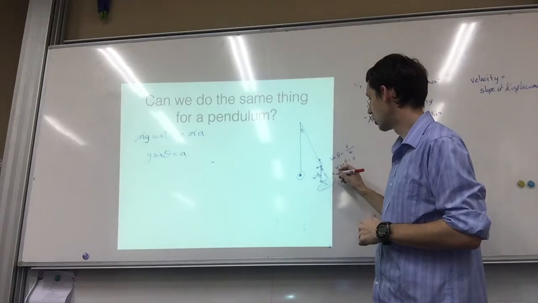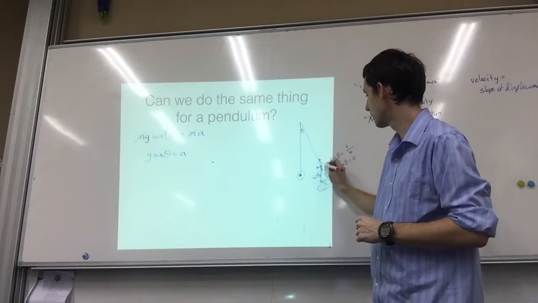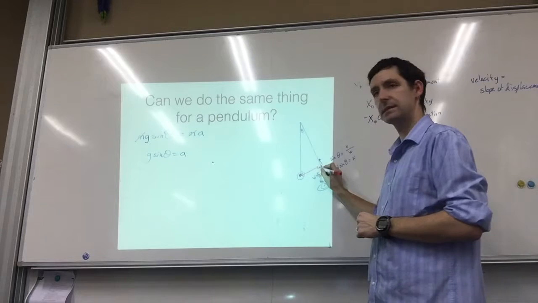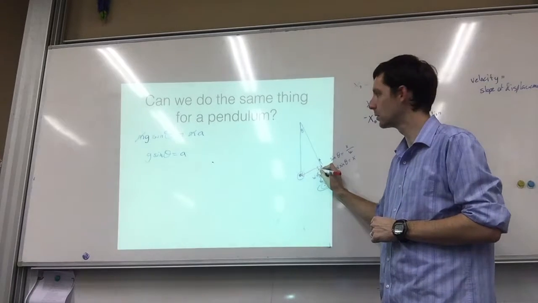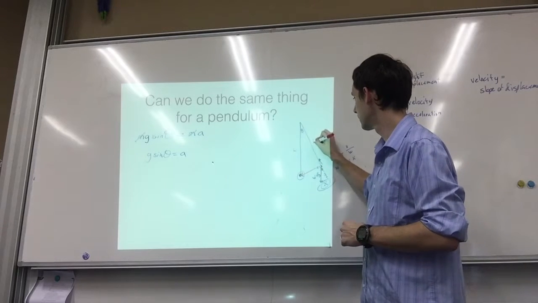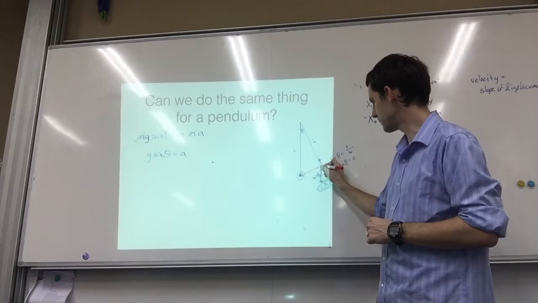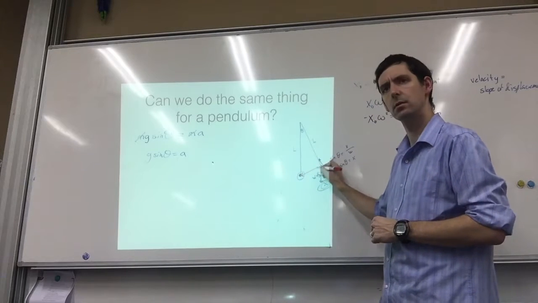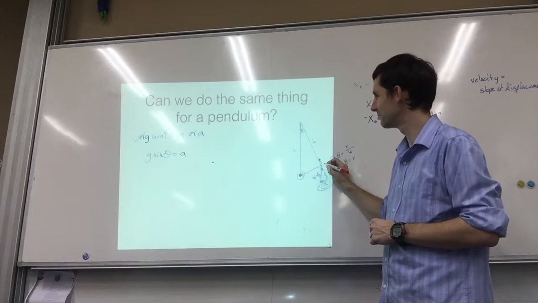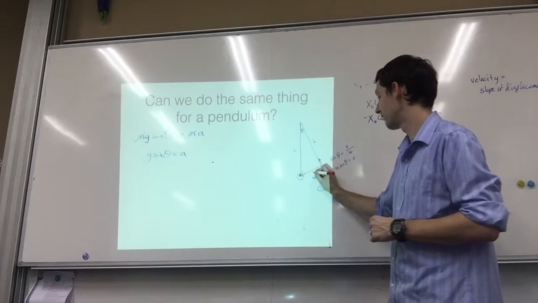Okay, so what we've got is we've got our angle here. This is essentially, well, this is the length. What would this distance be? X. It's not a right triangle. Wait, it's not a right triangle?